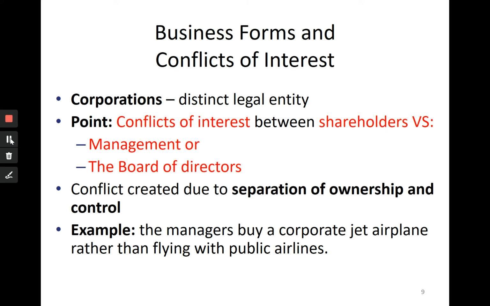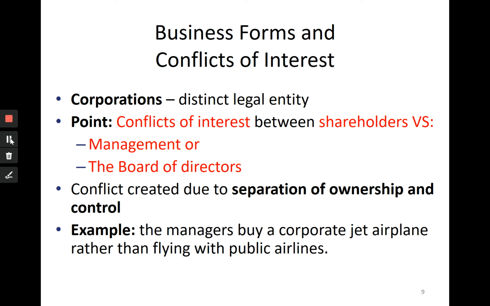These professional managers could take advantage of the owners. For example, the chief executive officer could purchase a jet airplane instead of flying with public airlines. Jet airplanes are expensive to maintain and expensive to run, but hey, the owners pay for it.